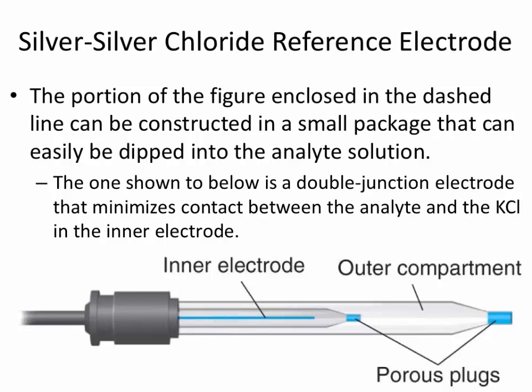That is, we have our inner electrode here, and we have an outer compartment here, and each of these have a porous plug that allow ions to flow, and so basically this outer compartment is then the salt bridge to allow ions to flow back and forth across each of the porous plugs, and thus complete our circuit from our inner electrode here around to our platinum electrode.